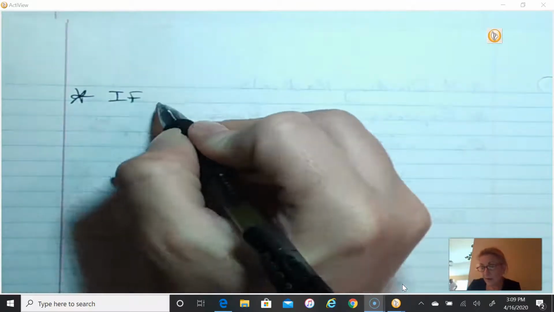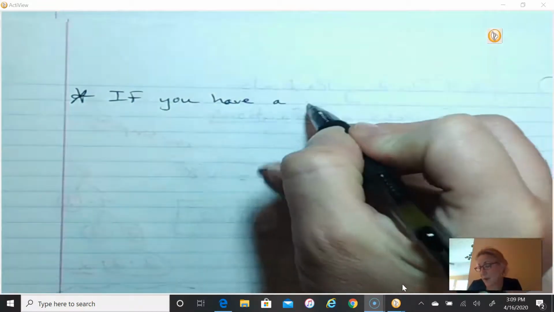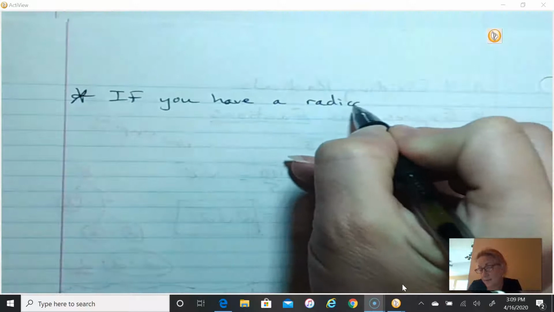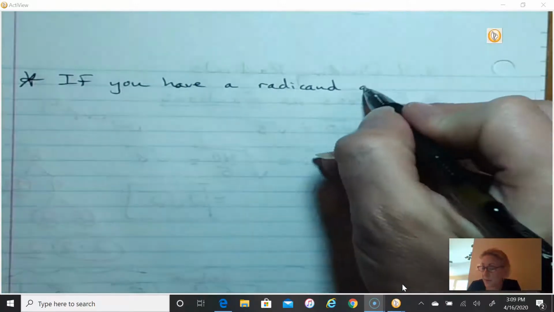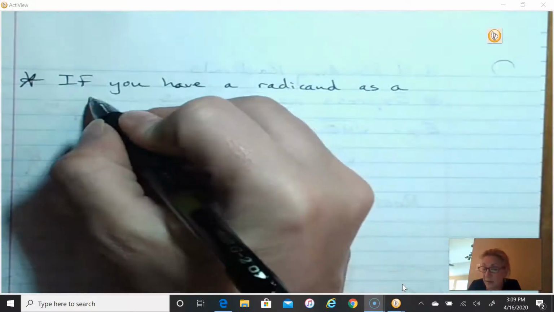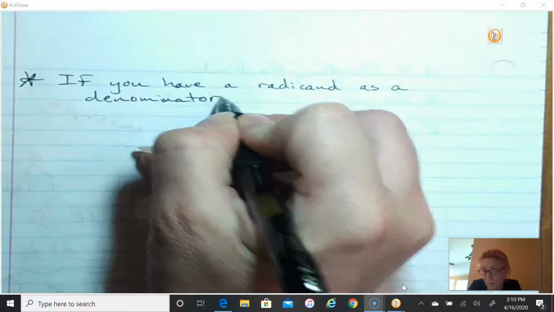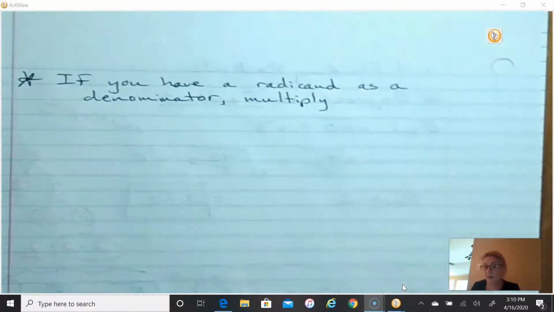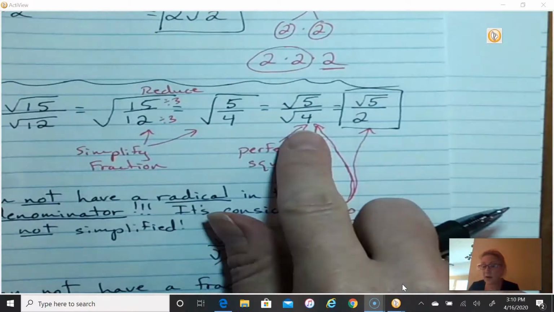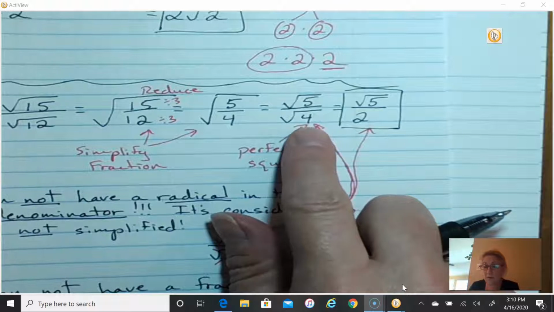If you have a radicand, that's that number under the radical sign, as a denominator, remember, you can't have it as a denominator. You multiply. Okay, let me back up. Remember here we had radical 4 as a denominator, and I said you can't have that.